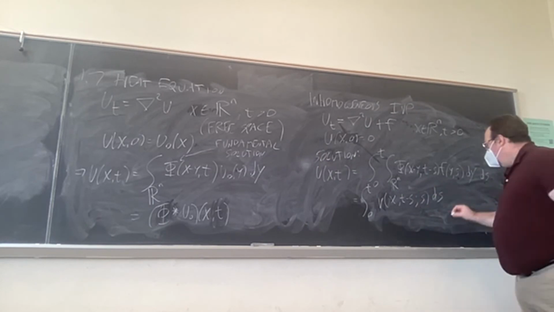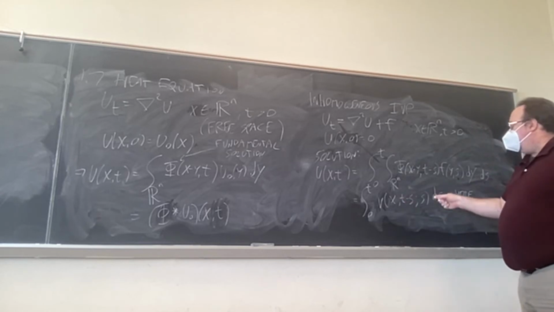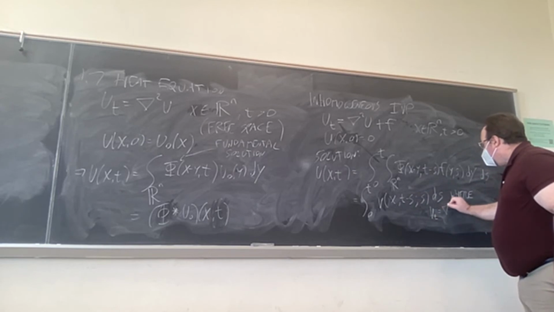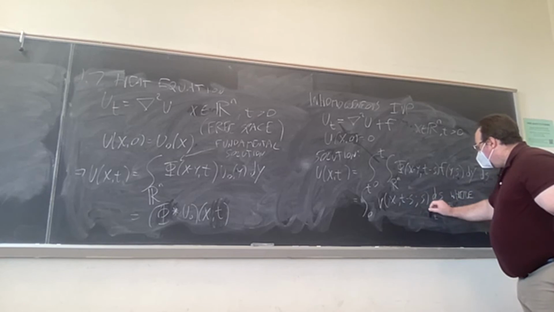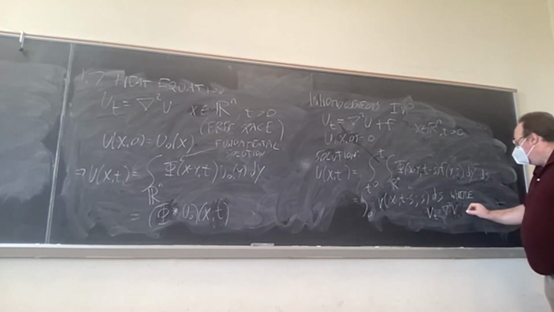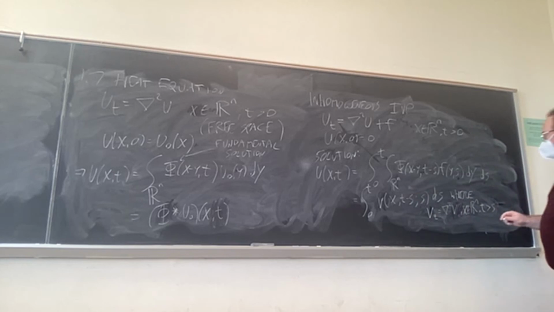Where each one of these v's is a solution of a homogeneous heat equation. So I need to make sure my v's and u's are nice and distinct. And it's still a free space problem. And here t is greater than s.